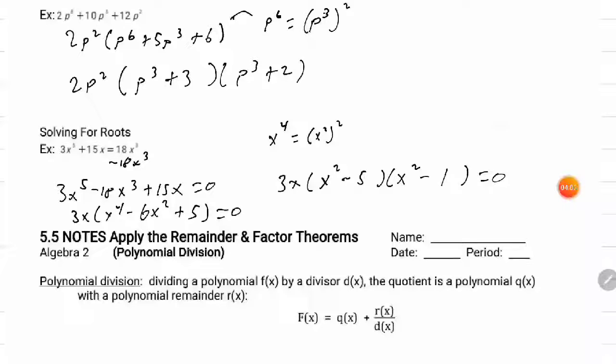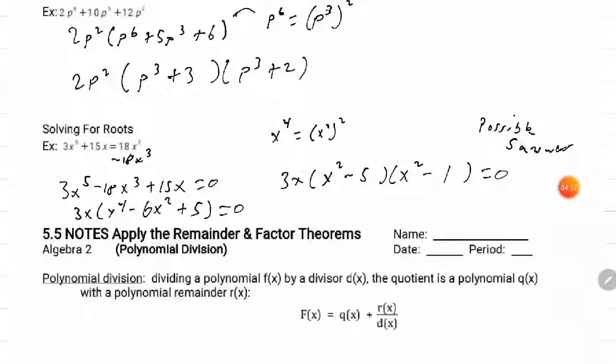So we have a possible 5 answers here. Okay, so let's look at the first one. First one is 3x equals 0, so x equals 0. Well, that was easy. And then we look at x squared minus 5 equals 0.